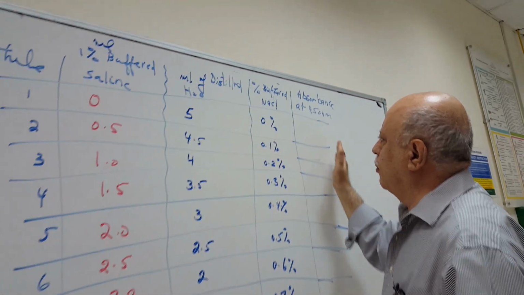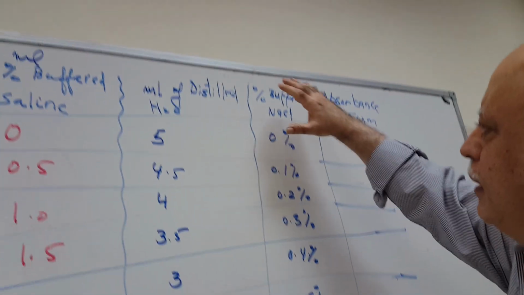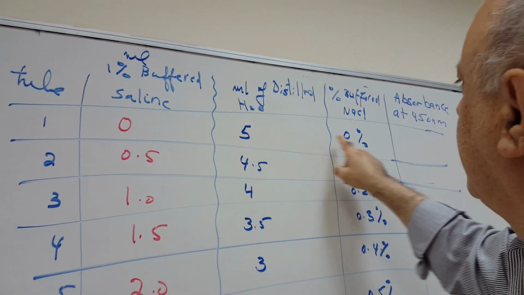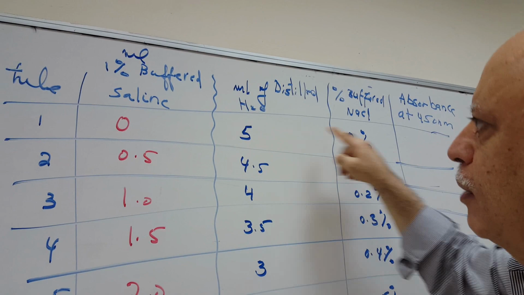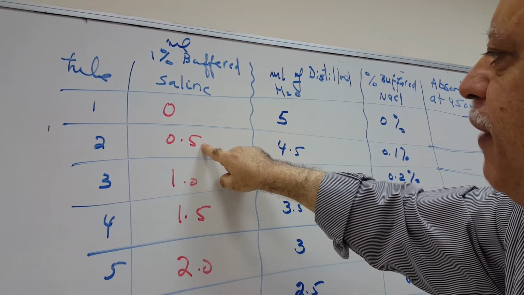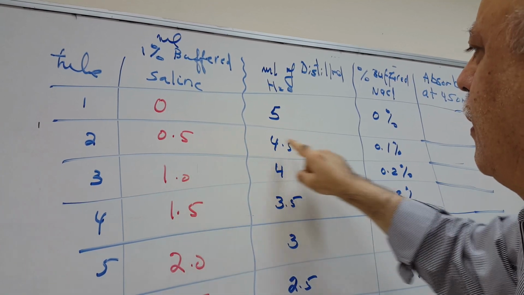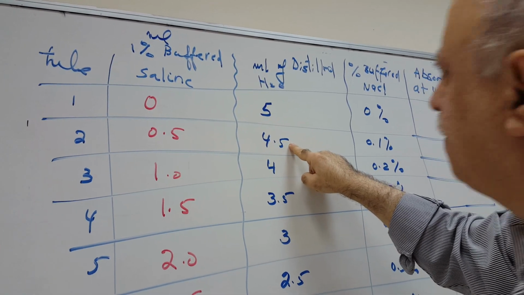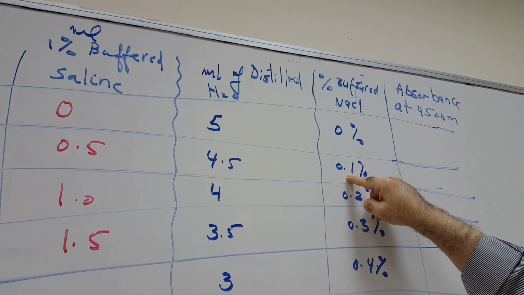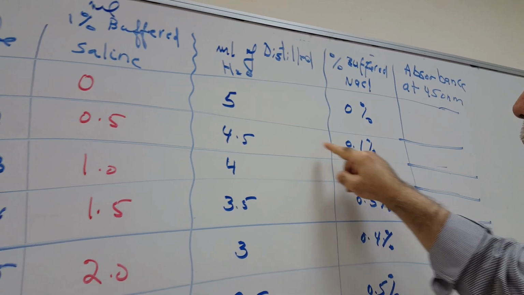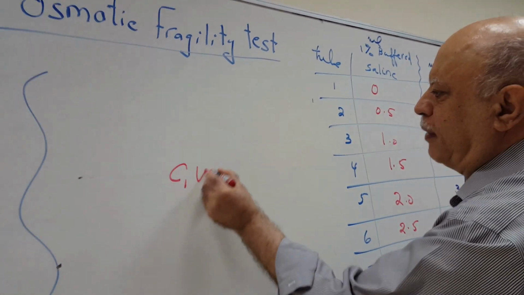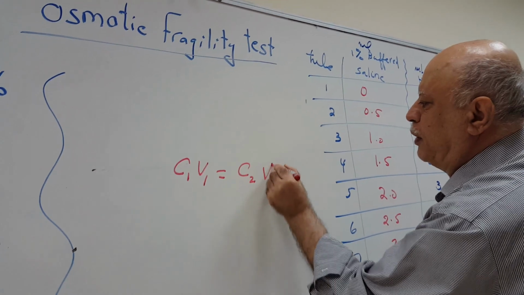If we calculate the concentration of saline in these various tubes, in tube number 1 it is 0% saline because we did not add any. In tube number 2, 0.5 milliliter of saline with 4.5 milliliter of water, the final concentration will be 0.1%. The way we calculate it, if you remember, is C1V1 equals C2V2.